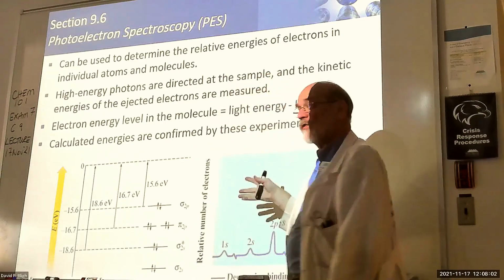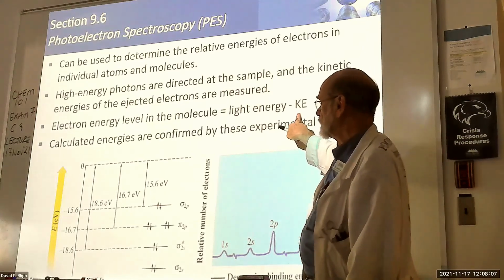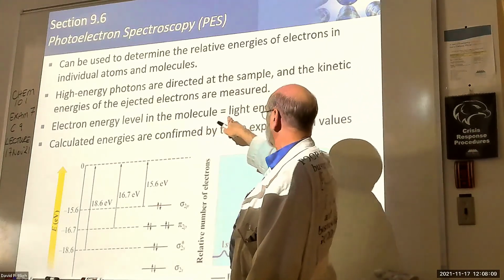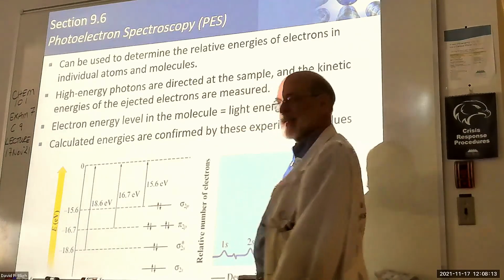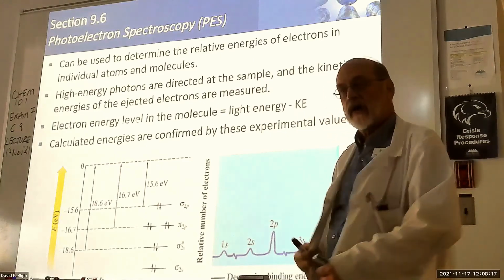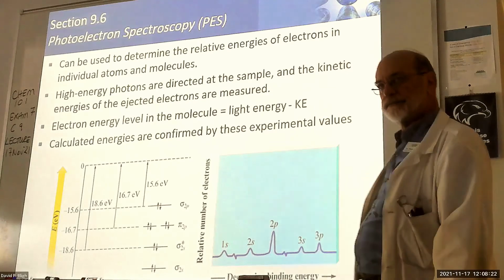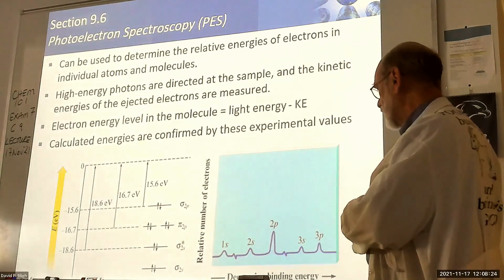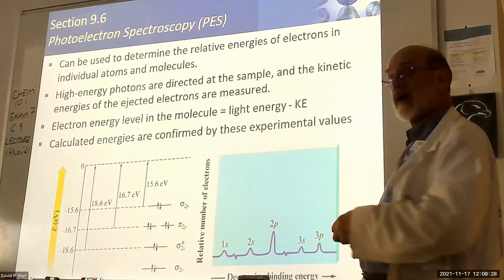And then any leftover energy is translated into kinetic energy. So the electron energy in the molecule is whatever the light energy we fire at it minus the kinetic energy that it has when it leaves. And we can measure that with our instruments in terms of voltage. And we can get a picture of the electronic structure of the molecule.